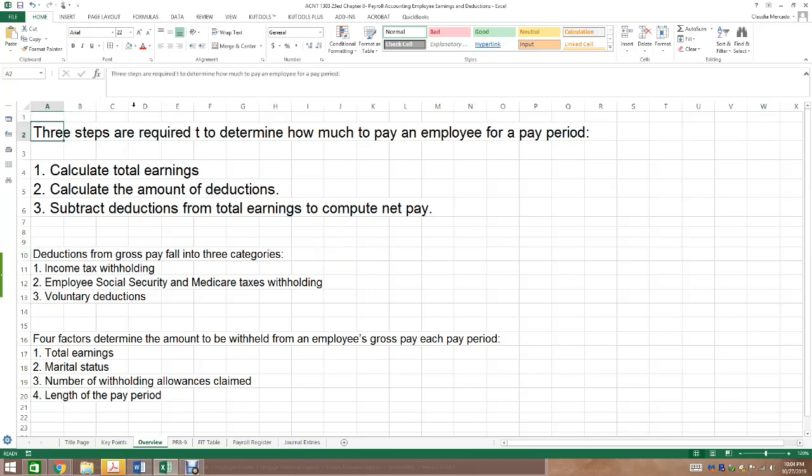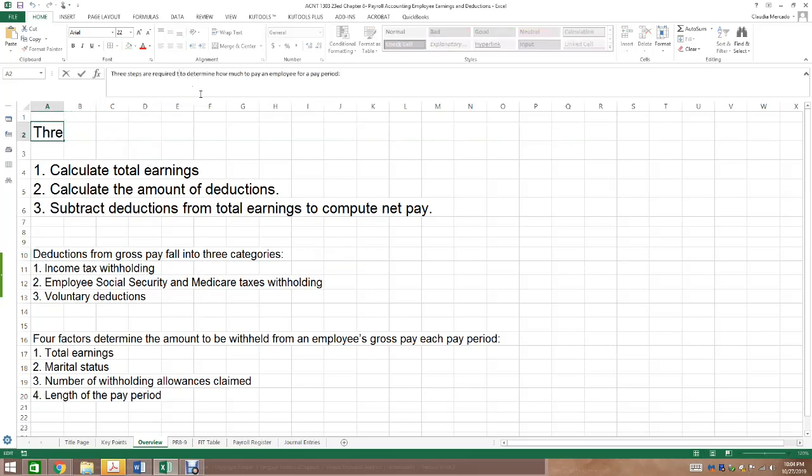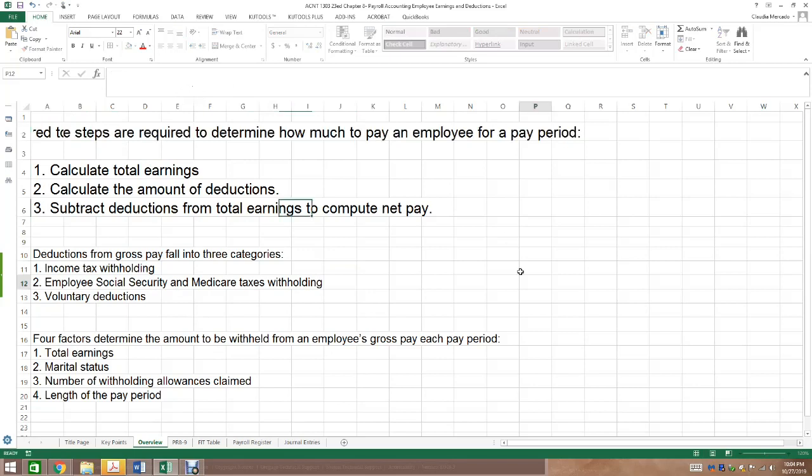And I just realized I put an extra T here. Okay, let me delete that. Okay, so usually 40 hours constitutes a normal work week. That's regular pay. Any work above 40 hours is overtime. Usually the overtime rate is time and a half, 1.5. Now there are exceptions to the rules, and I'm not going to go over those major exceptions.